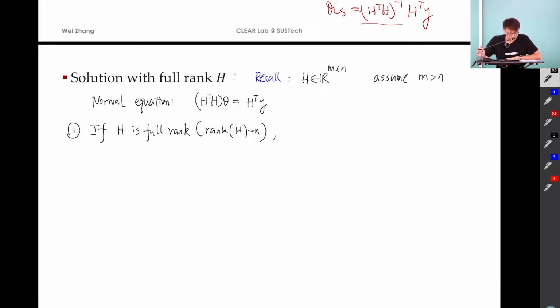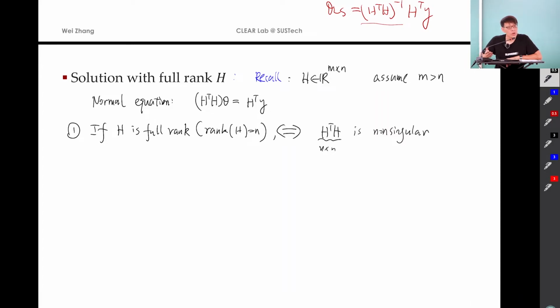We reviewed full rank, right? And that's almost equivalent to saying H transpose H, which is an N by N matrix, is non-singular. What is non-singular?